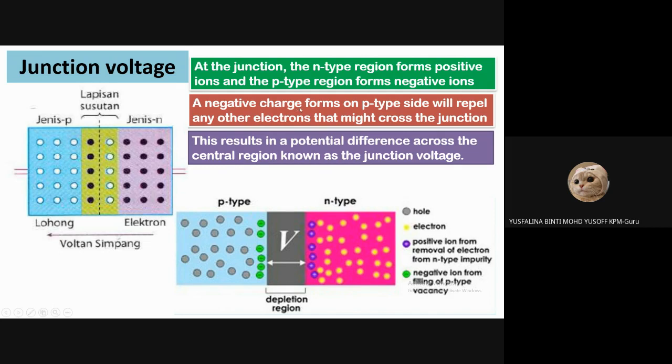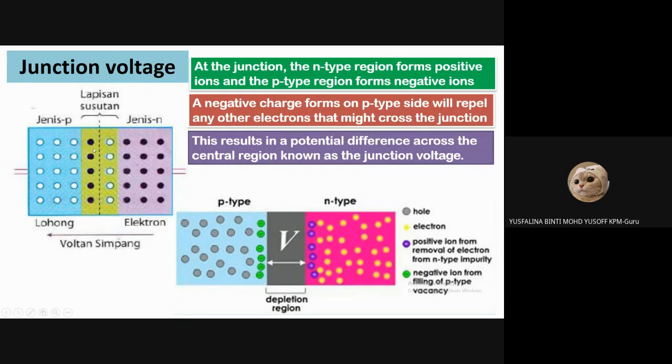So at the junction, the n-type region forms positive ions and the p-type region forms negative ions. A negative charge from the p-type side will repel any other electron that might cross the junction. Let's say this one wants to go here, it cannot because of the same charge; it will repel. This results in a potential difference across the central region known as the junction voltage.